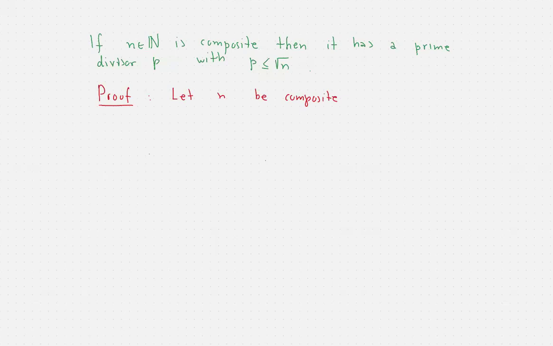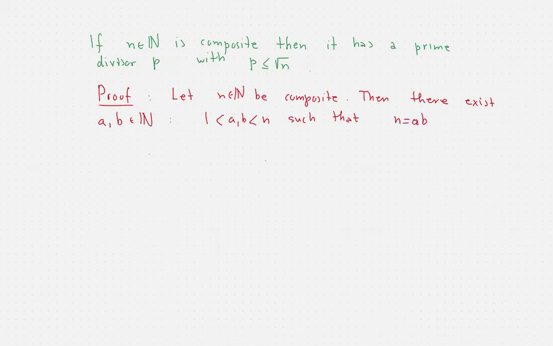Then there exists A, comma B in natural numbers, with both A and B less than n and greater than 1, such that n is equal to A times B. That's what it means precisely for a number to be composite.